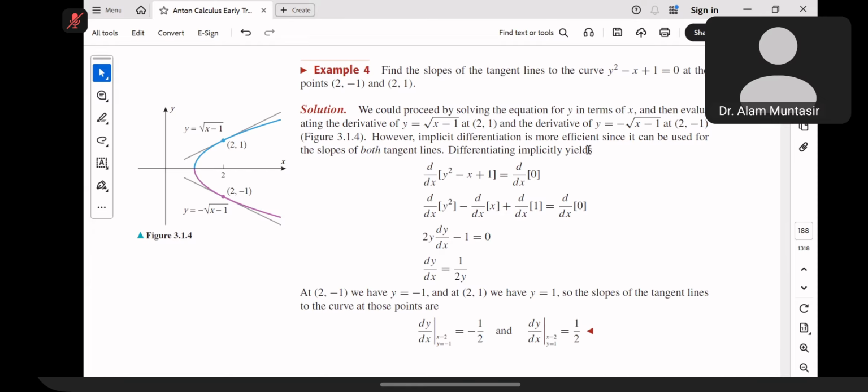Is that clear or you have any queries or confusion? Just take 5 minutes to understand example 4 and then ask me if you have any problem.